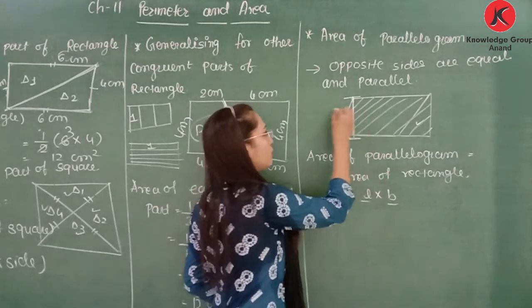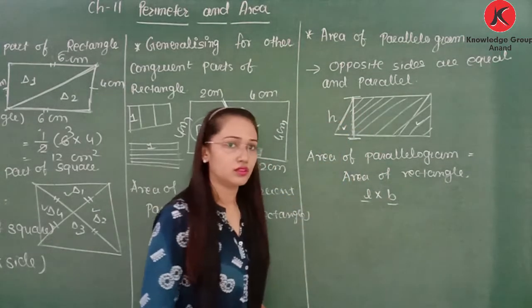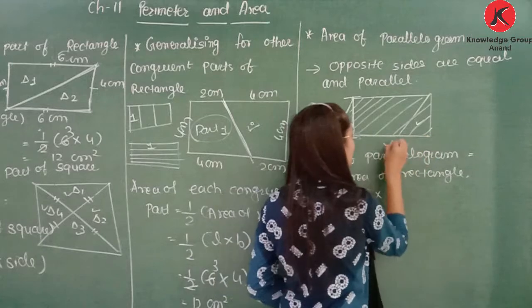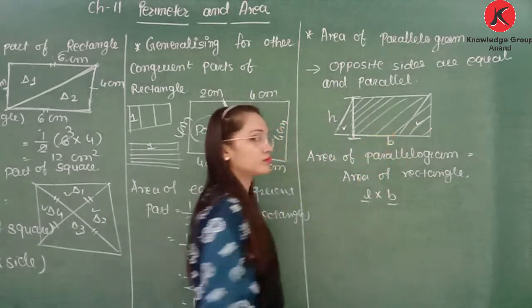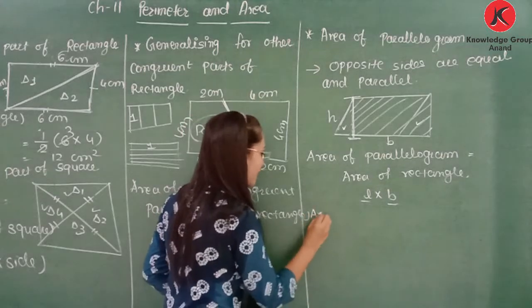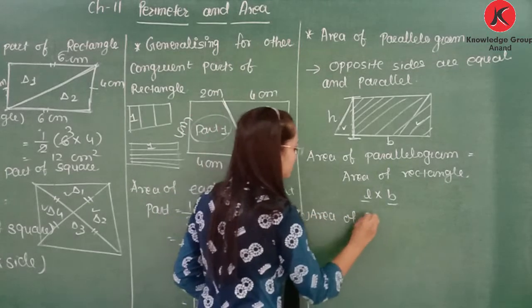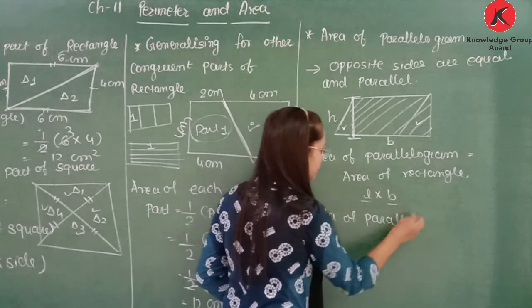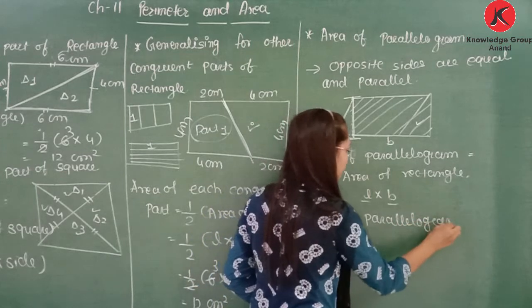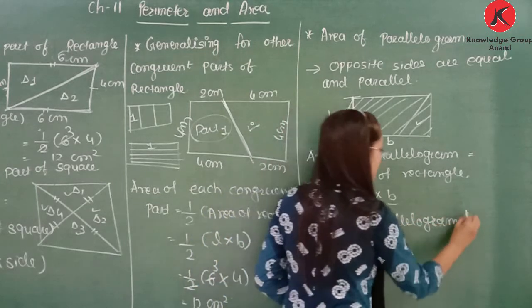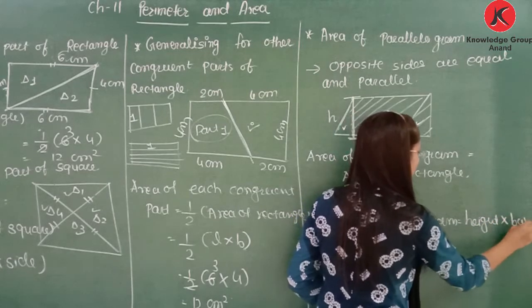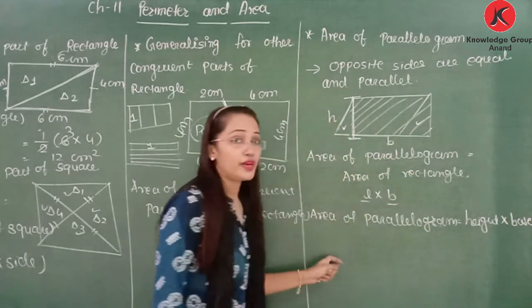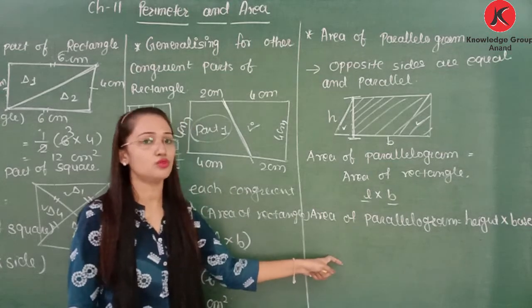For the parallelogram, this is the height, and for this it is the length, or you can say base. So the area of a parallelogram is height multiplied by base.